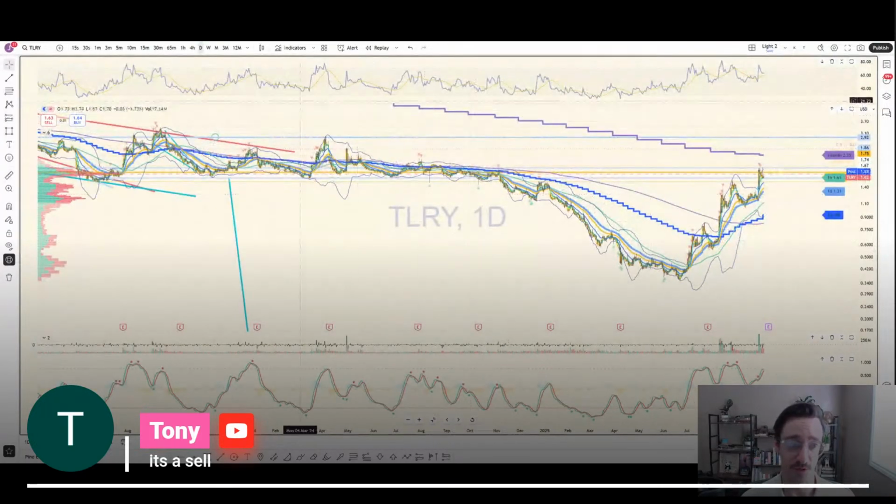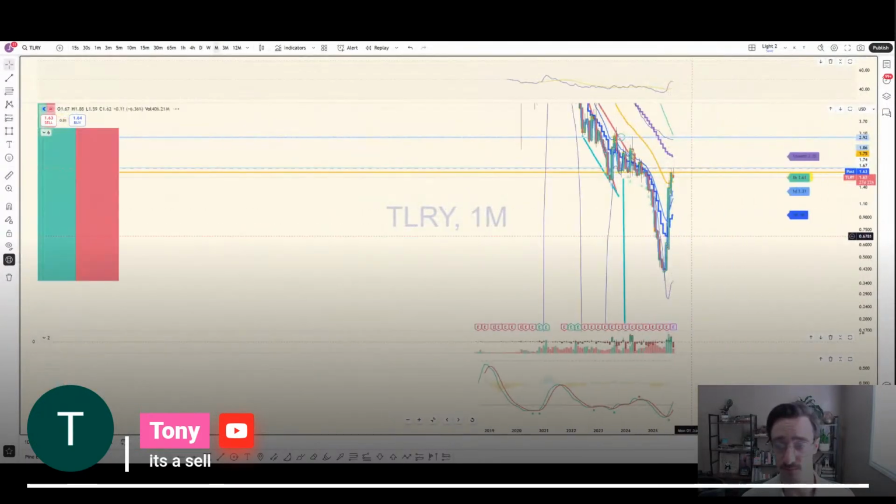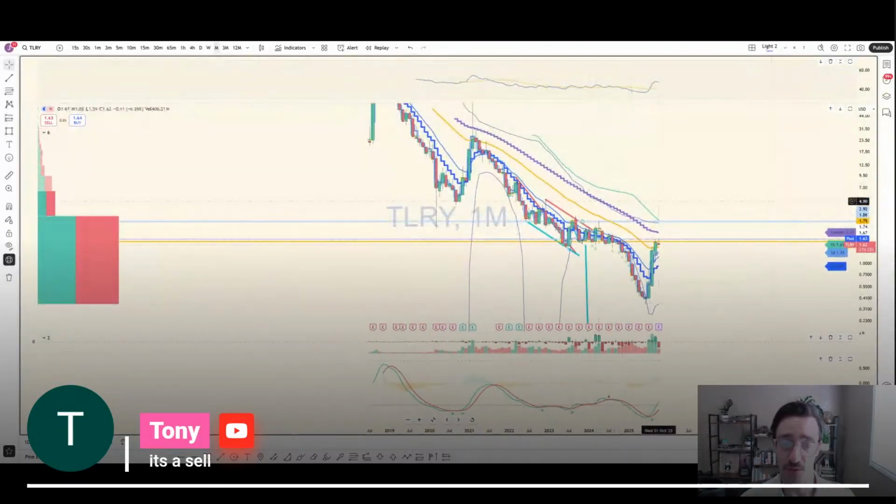And if it can break this base, then it rips. One thing that's really important about the weed trade: you can trade the weed, but don't invest in the weed. This is a trade. These companies all suck. And the second that it's decriminalized, it will be sell the news.